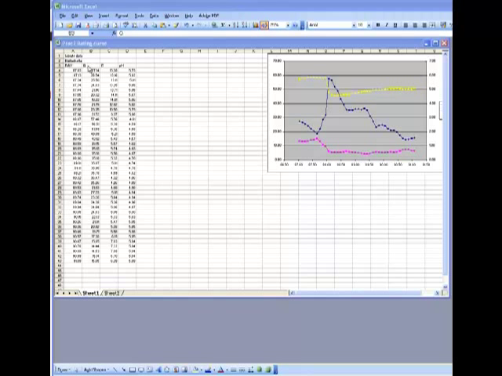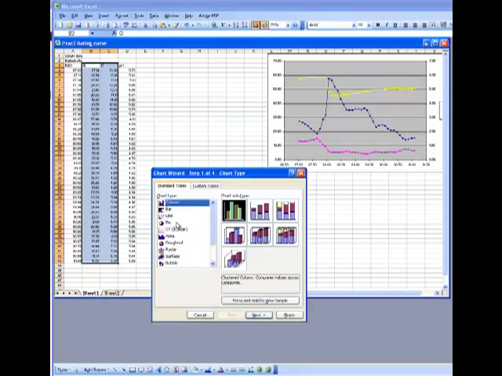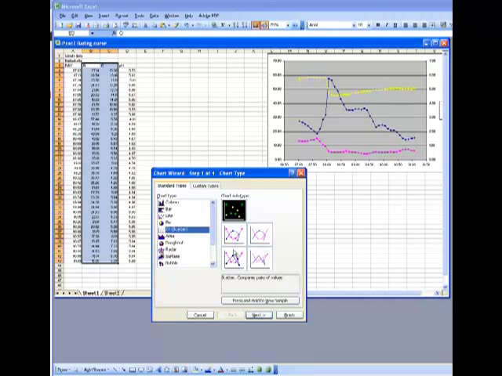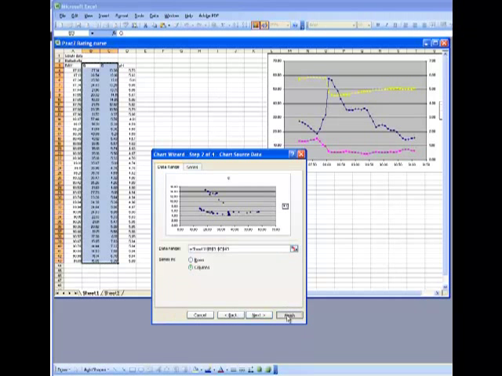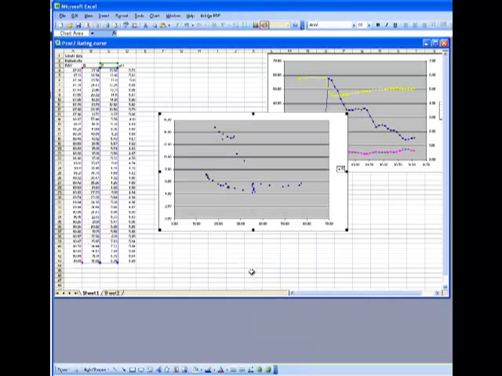So to examine the relationship between conductivity and discharge, we just select them and plot one against the other. So I'll do a scatter plot of conductivity against discharge. Get rid of the title. And we can add a trend line to see what the relationship is.